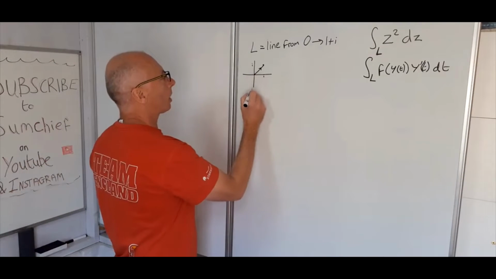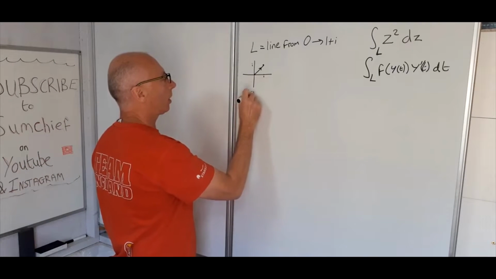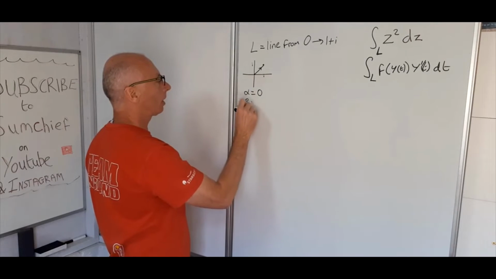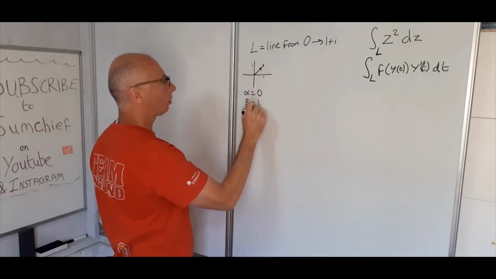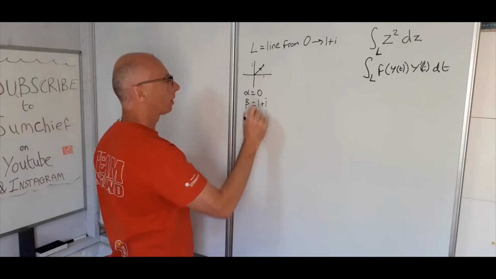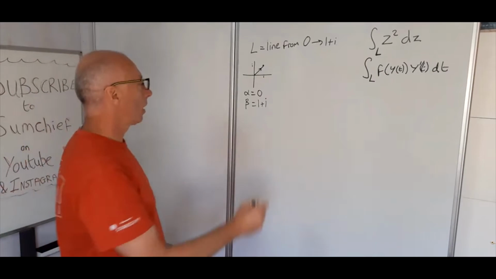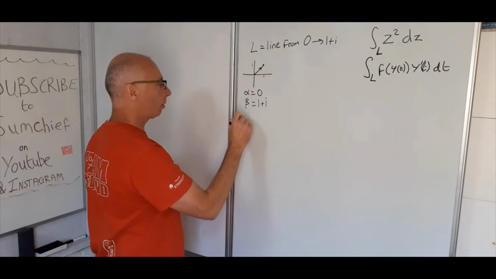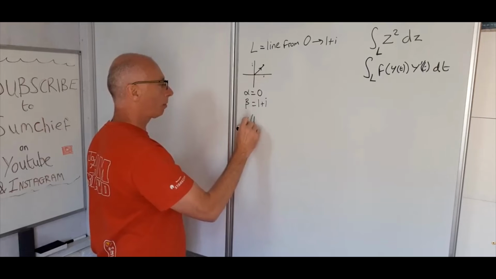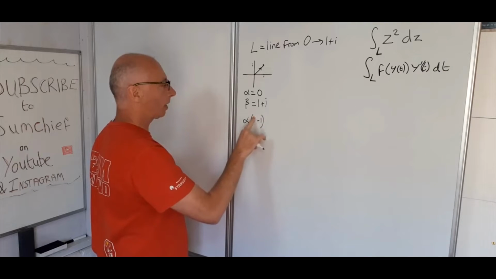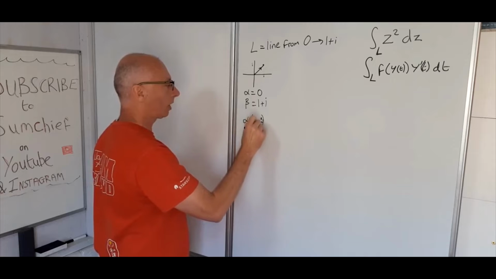So what we do know is that we can let alpha equal the start point, which is 0, and beta equals the end point, which is 1 plus i. So standard parametrization for a straight line is we take the start point and multiply it by 1 minus t.